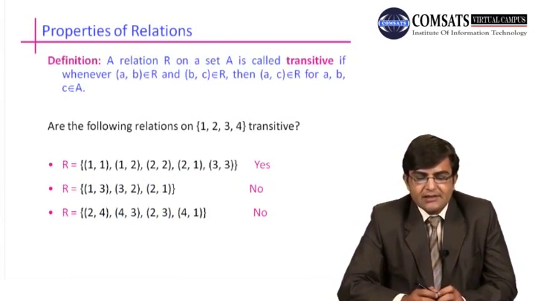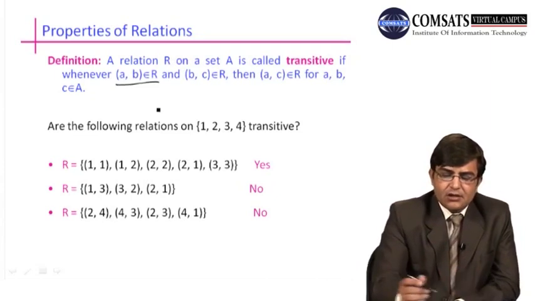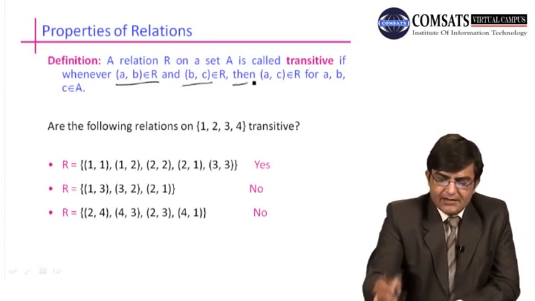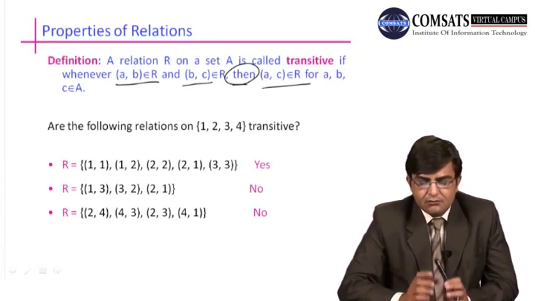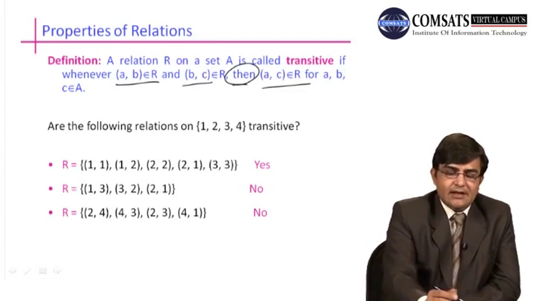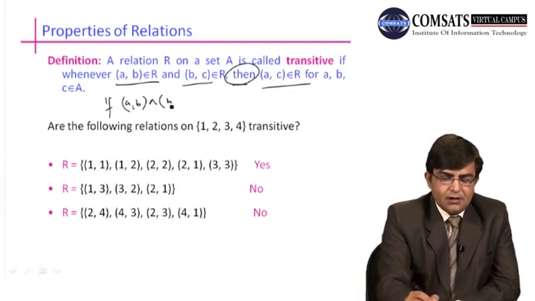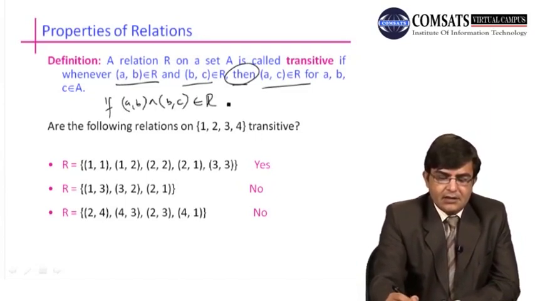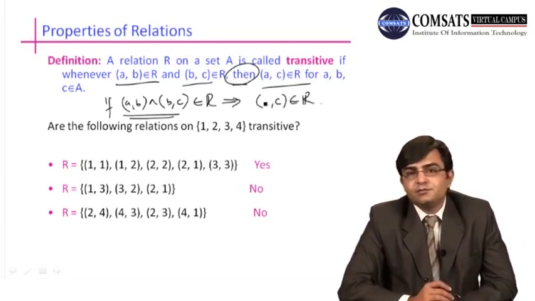A relation R on a set A is called transitive if whenever AB belongs to R and BC belongs to R, then AC belongs to R, for A, B, C belonging to A. So here I stress the fact that if AB and BC belong to R implies AC belongs to R. Now if both these are true, then this must be true.